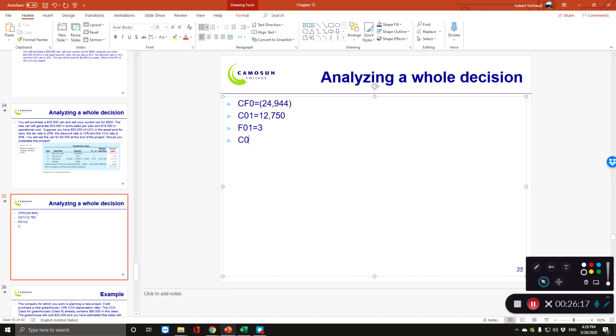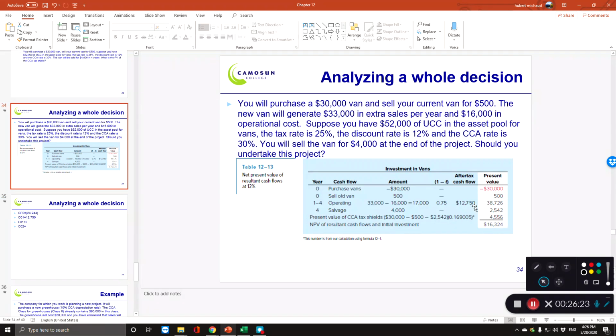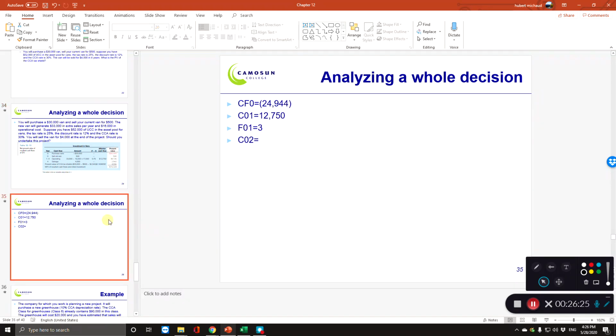Then the last cash flow is in year 4: 12,750 plus 4,000, so 16,750, and F02 will be 1. We go to I and put in our interest rate, the discount rate, which is 12%, and we compute NPV and get our answer.